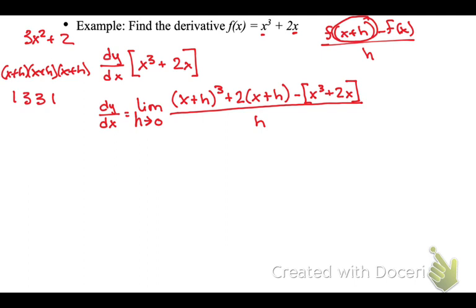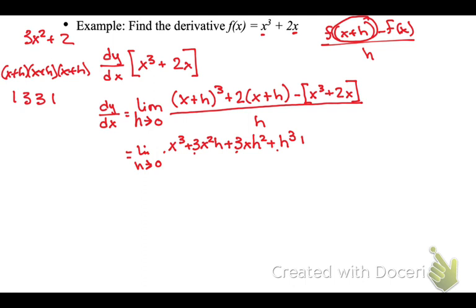Okay. So this gives me the limit as h approaches 0 of x cubed plus 3x squared h plus 3x h squared plus h cubed. Whew. 1, 3, 3, 1. X's go down, h's go up. Remember doing that now? You'll get better at it, but do you remember doing it at all?